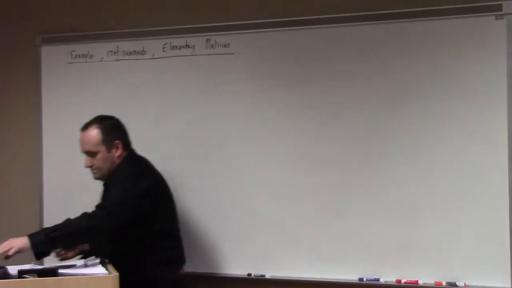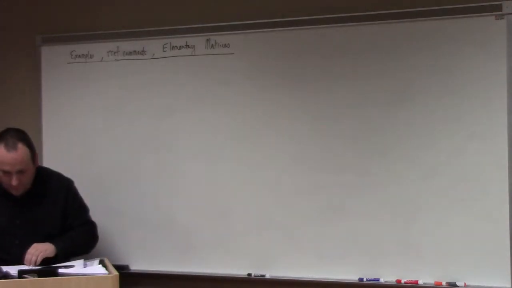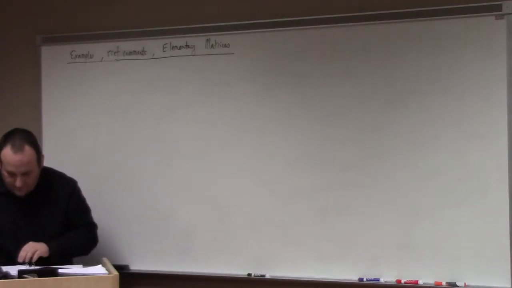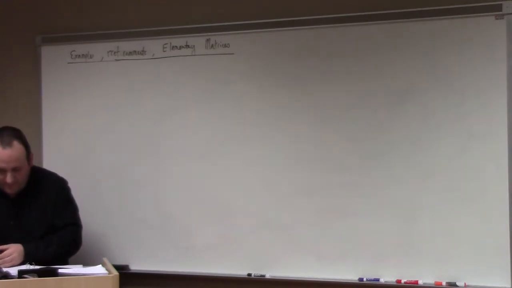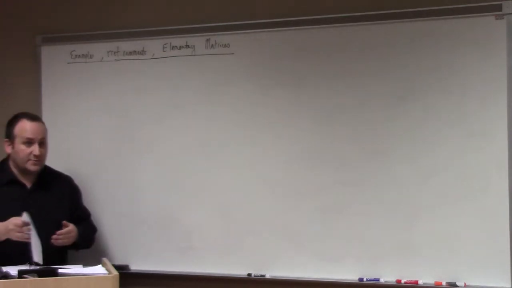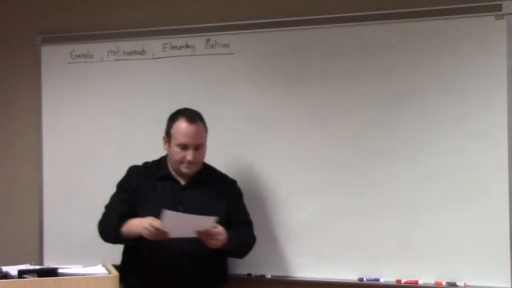So I'm going to work it out. Let's see here. I think I'm going to start out with the type 2 one because it's a little bit easier. All right.